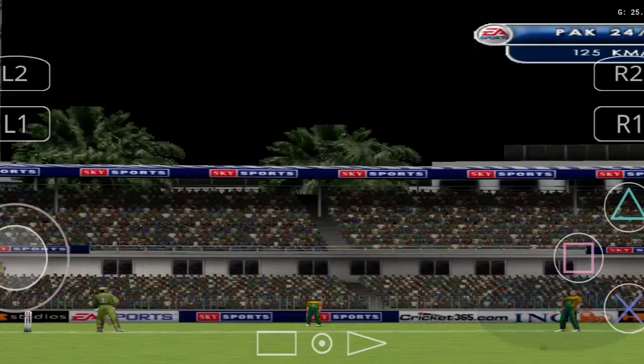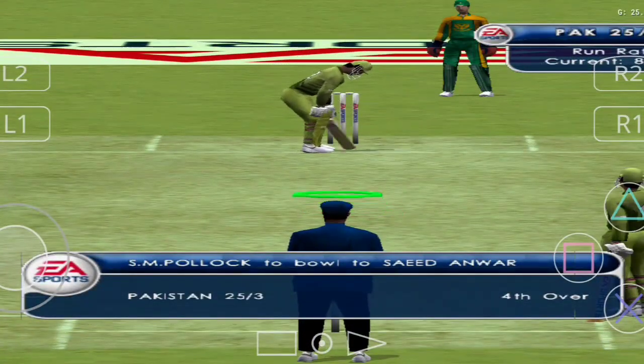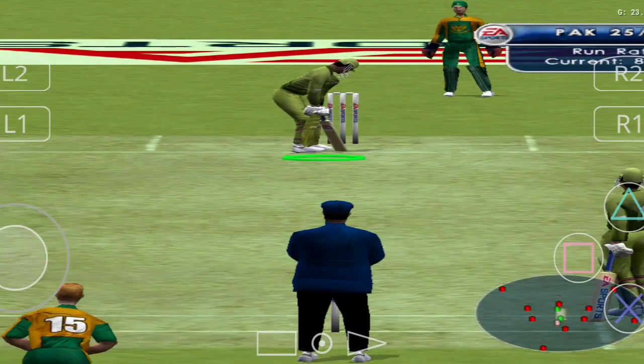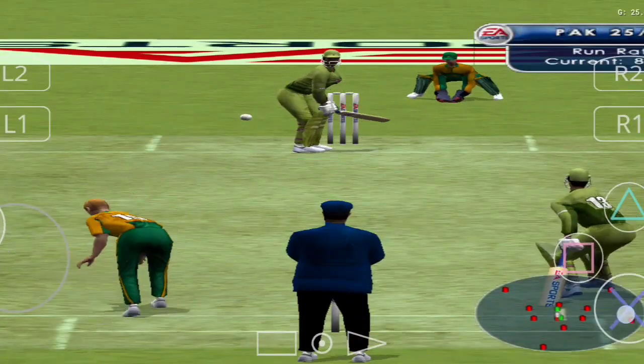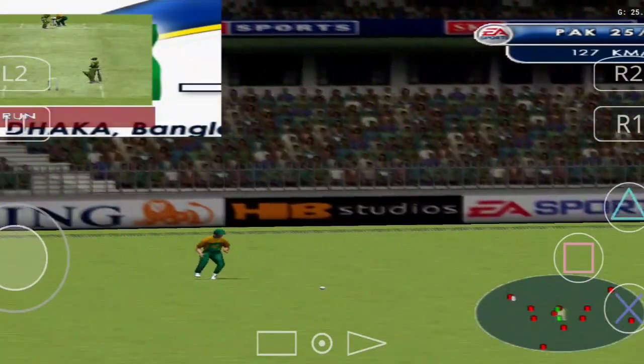Super wicket keeping. It's just paddled around the corner.